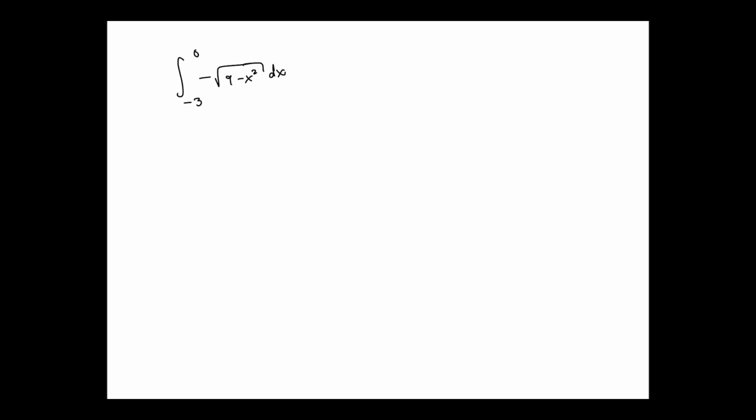Okay. So the geometry of this is, well, what is this? What shape is described by this equation? It's a semicircle, right? Which semicircle is it? What's the radius? Where's it centered? Well, it's a square on both sides.